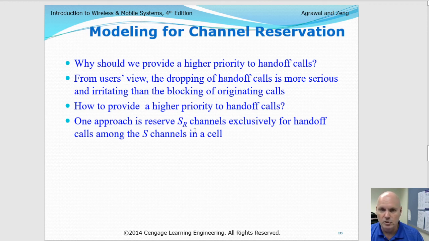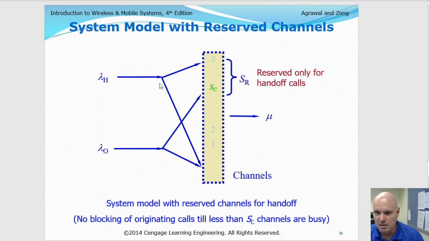One approach to doing that is to reserve a certain number of our channels exclusively for handoffs. So that's the next model we're going to look at, where we reserve SR of our S channels for handoff, and those SR channels will not be used for originating calls. Graphically it looks like this. Lambda H can feed into any of our S channels.